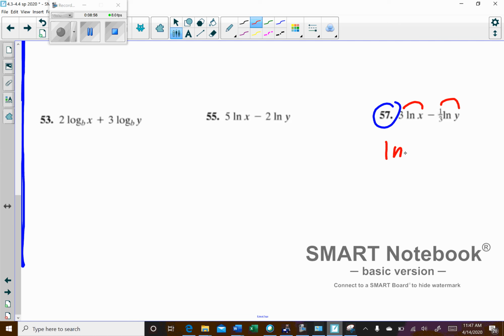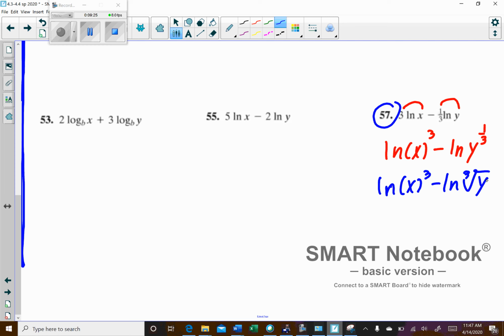Okay, so we'll go ahead and move that power back up here, and then we're going to move the 1/3 back up here. Just leave the minus where it's at, and then the 1/3 is actually the same thing as a cube root. So we're going to go ahead and write it like that. So minus the natural log of the cube root of y.